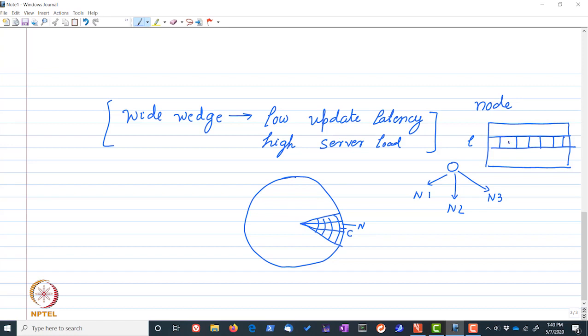So some of these nodes are kept in the routing table. But the important point to note is that these are not the only nodes that have L prefix digits matching with it. There might be many more nodes, but pastry does not keep a list of all the nodes.